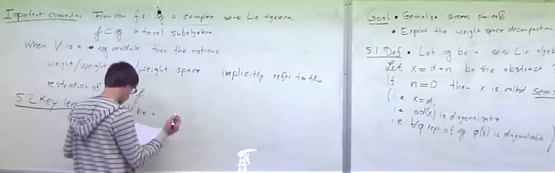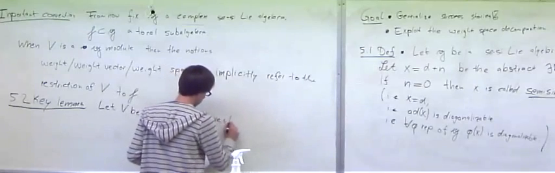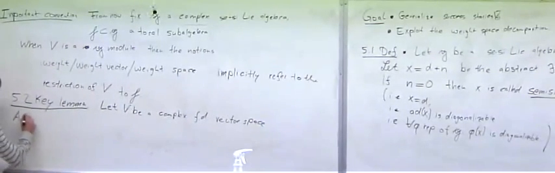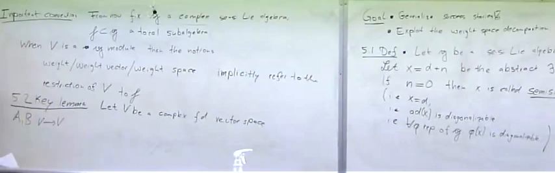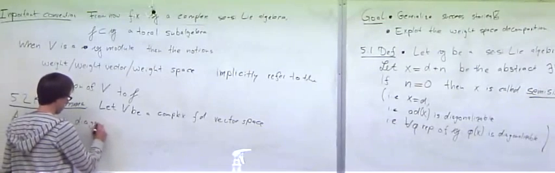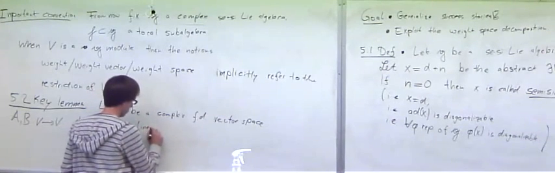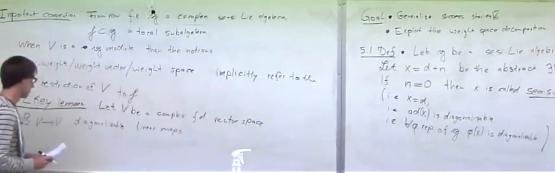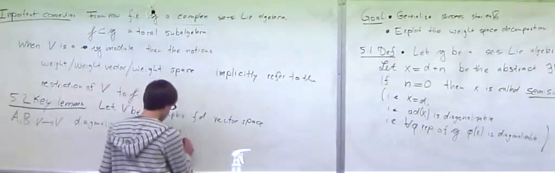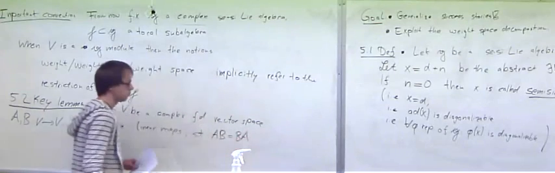So I fix a complex finite dimensional vector space V, and two operators from V to V. Each of them is supposed to be diagonalizable, and they should commute: AB equals BA.